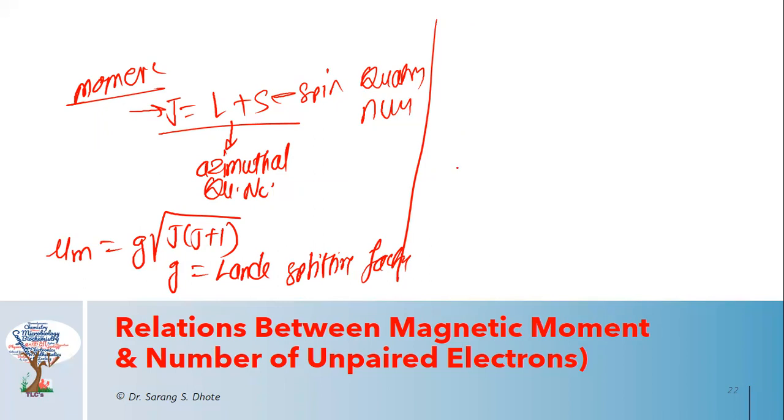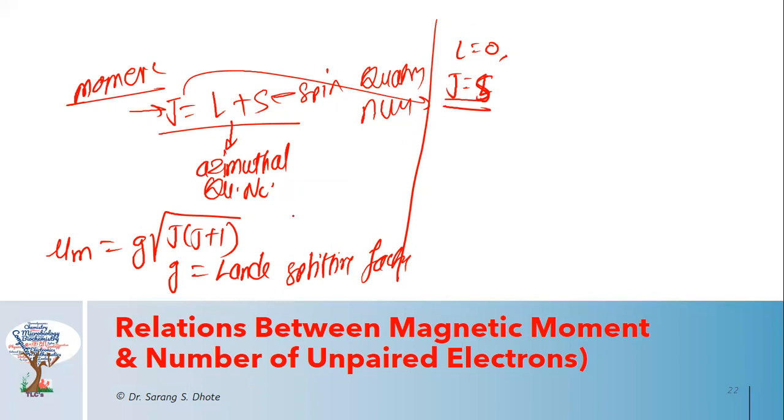For polyatomic molecules, even ions in solution, the contribution of the azimuthal quantum number L is very, very small. We consider L equal to 0, because the solvent molecules prevent any changes of the orbital motion due to the external magnetic field. So J is equal to S, because L is equal to 0.